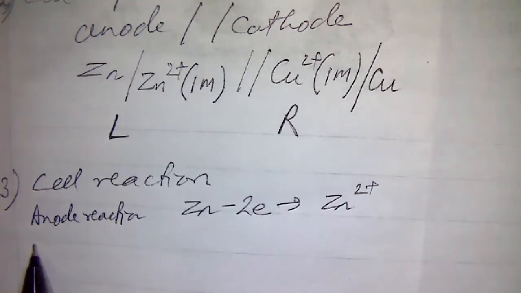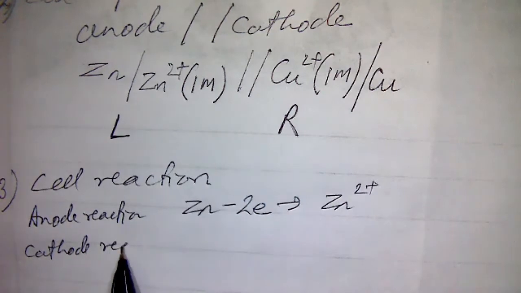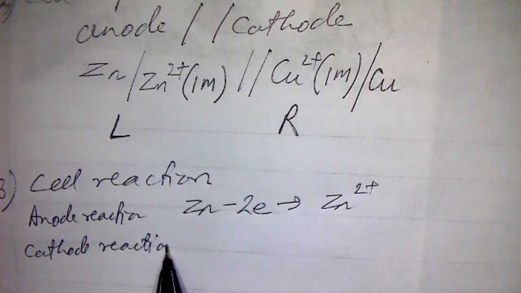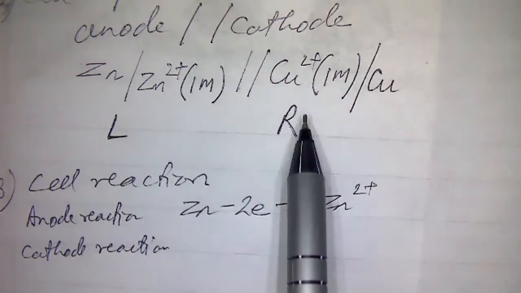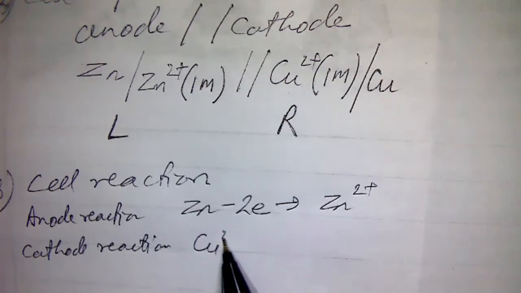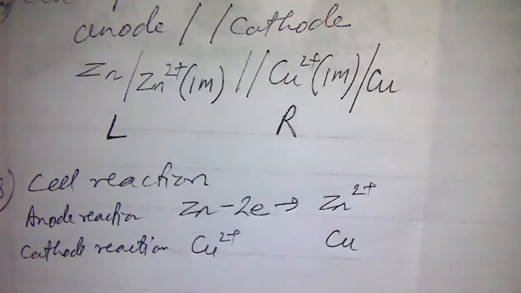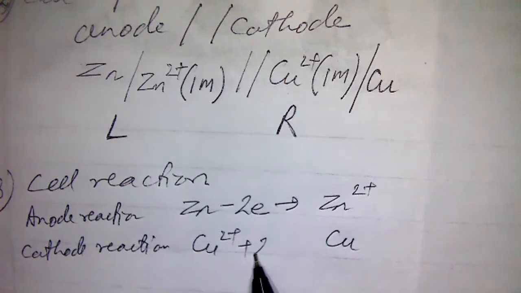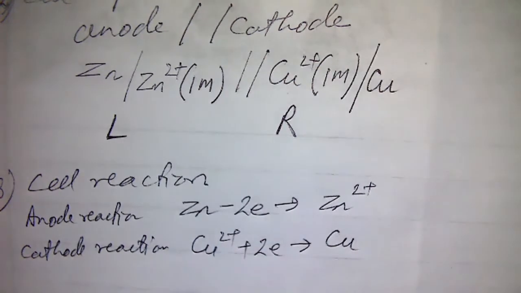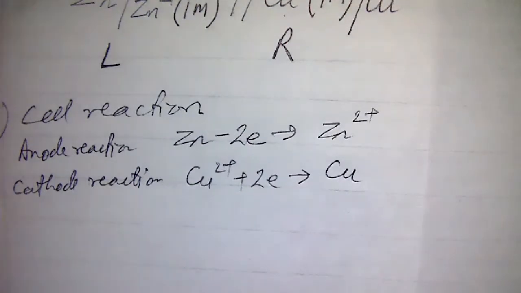Same way, the cathode reaction. In the cathode, what has happened? Copper ion has become copper. So Cu2+ has become Cu. In this case, it has gained 2 electrons and formed this. So you already know the cathode and anode reactions, and you just have to add them up.